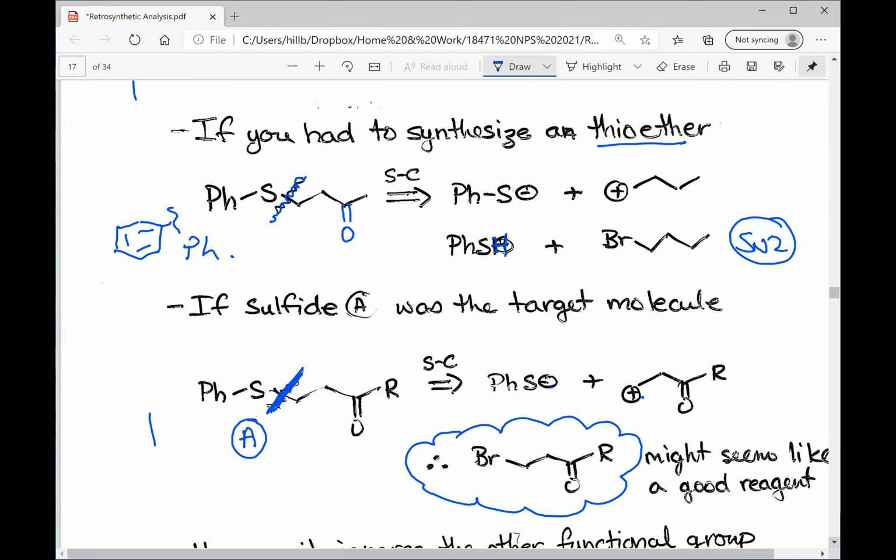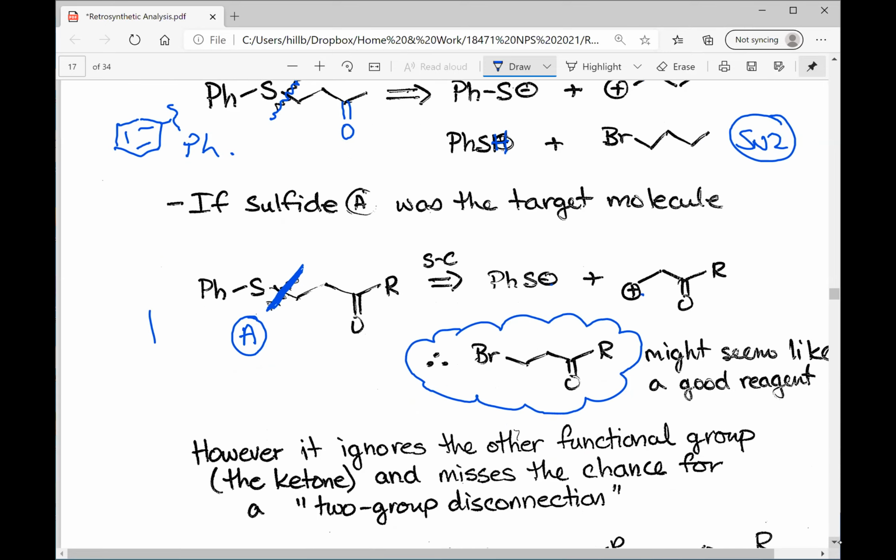And what a two-group disconnection is basically saying is that if we're doing this, we're actually ignoring this carbonyl, which could play an important role in the reaction. Particularly, it's going to reduce the number of potential side reactions.